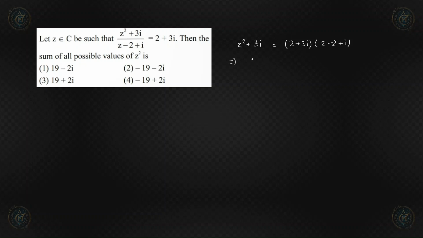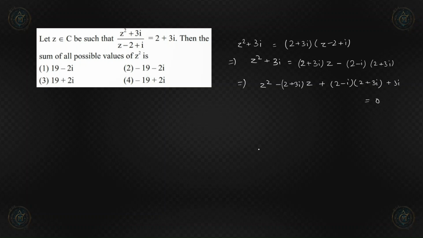So we are getting z square plus 3 iota equal to (2 plus 3 iota) times z minus (2 minus iota) times (2 plus 3 iota). So from here we are getting z square minus (2 plus 3 iota) into z plus (2 minus iota) times (2 plus 3 iota) plus 3 iota equal to 0.